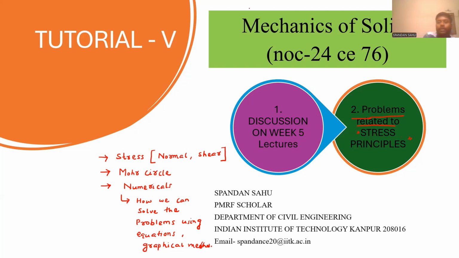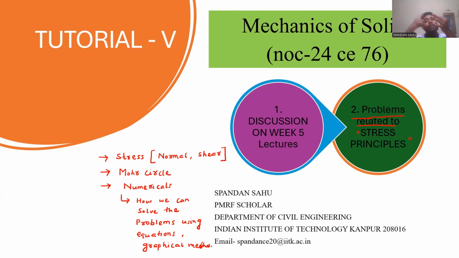So I hope till this point everyone is clear on what we will do today. So first of all, we should know what is stress. Second, what are the types of stresses we are going to deal with?